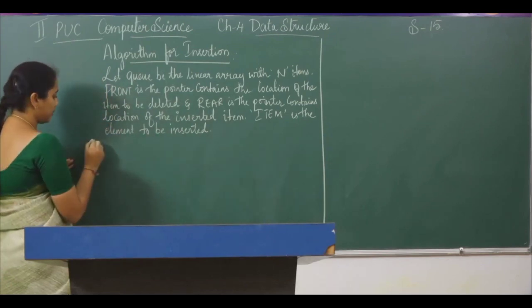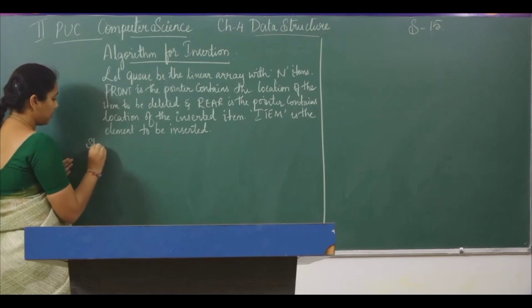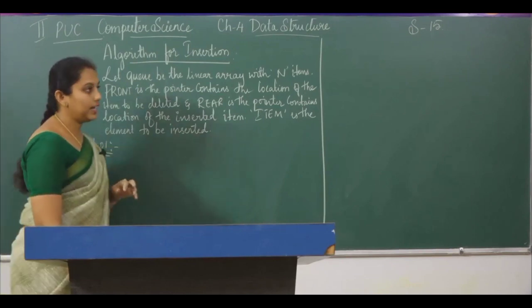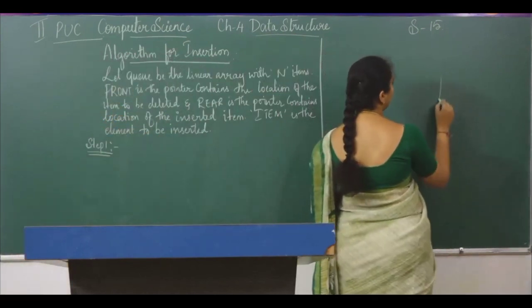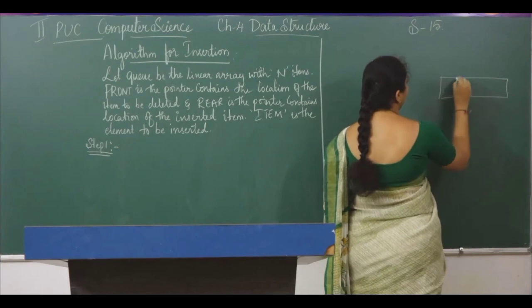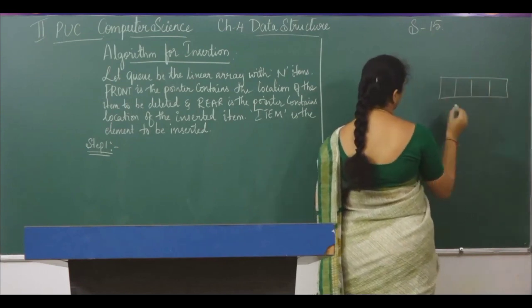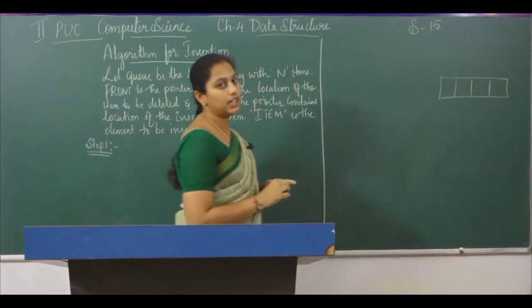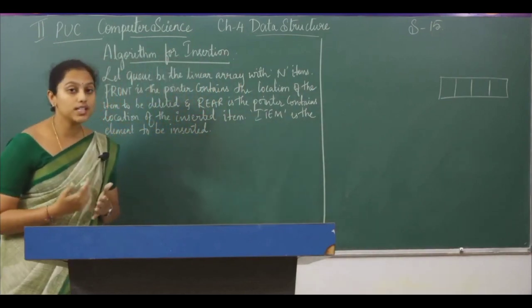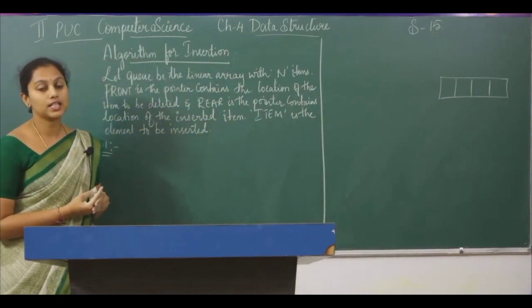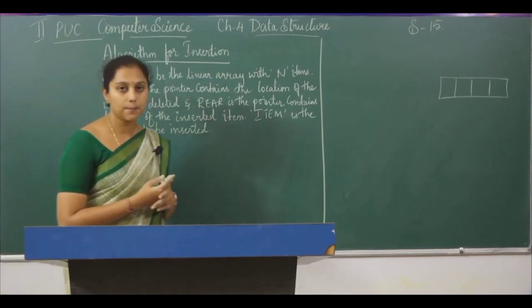So what is the first step? While inserting an element into the queue, we have to check for the overflow condition. What is the meaning of overflow? If the queue is full, then we call it an overflow state.